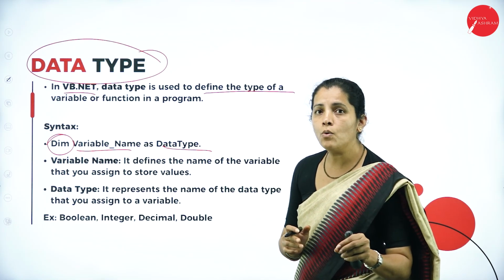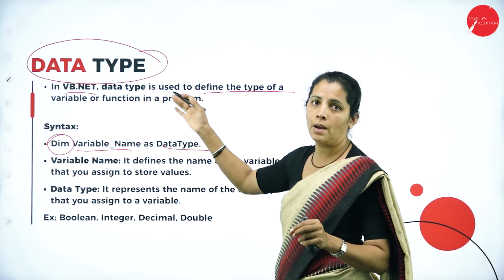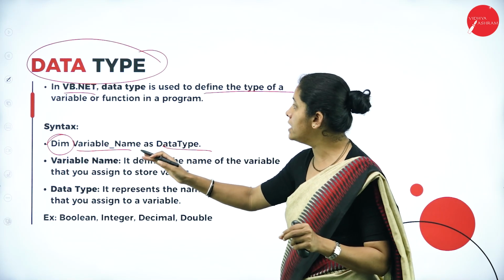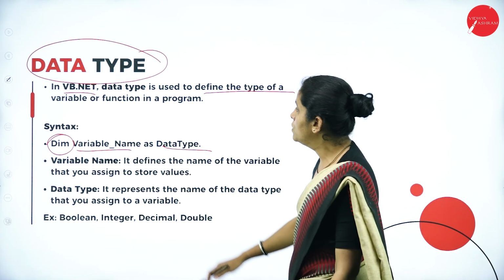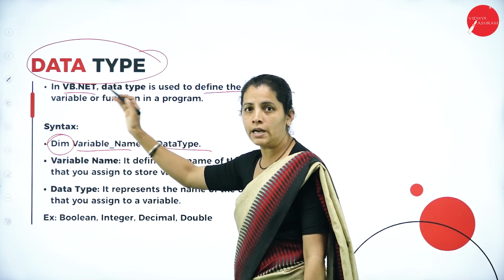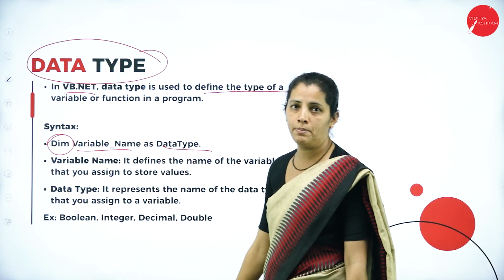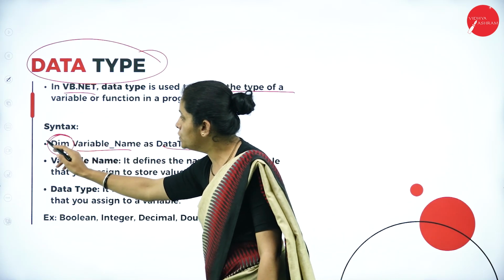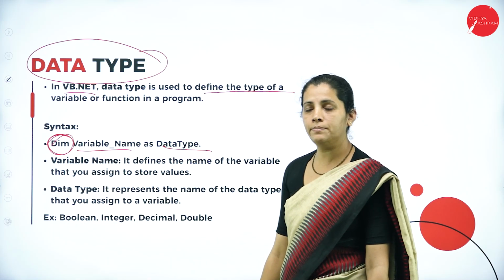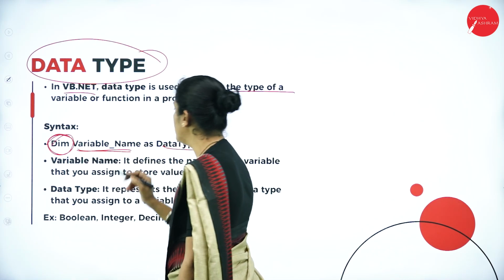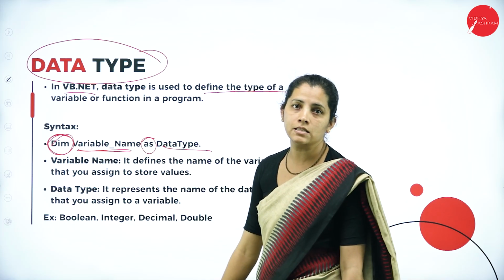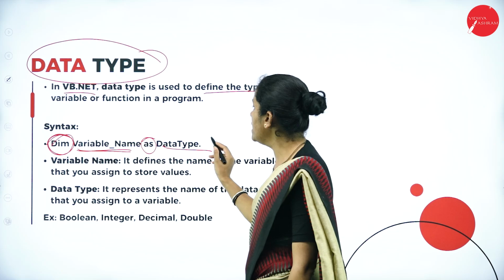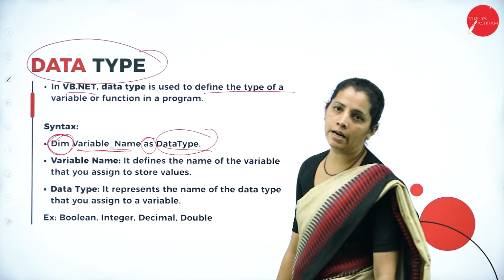But how am I going to use them? I'm going to use the data type with variables or with my function. So I use the keyword Dim, write the variable name, use As since it's a keyword, and write the data type.